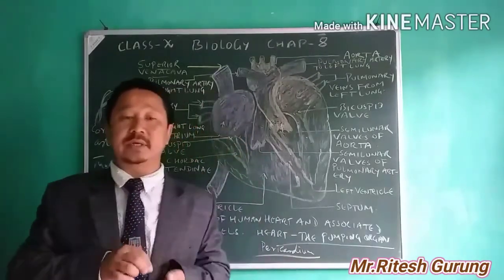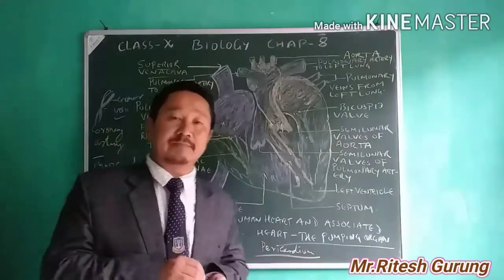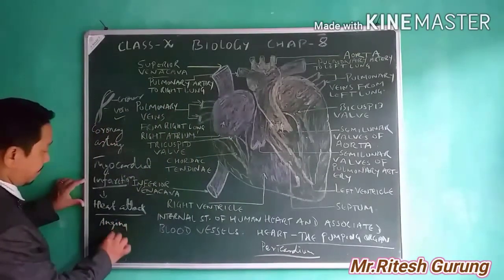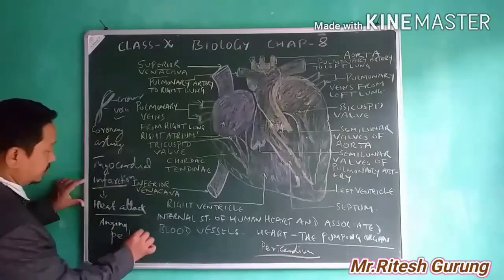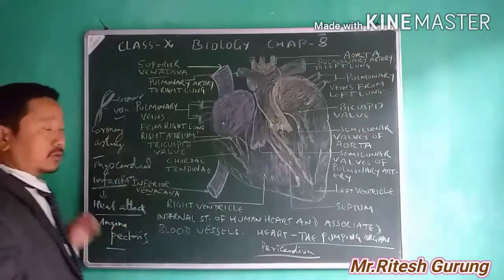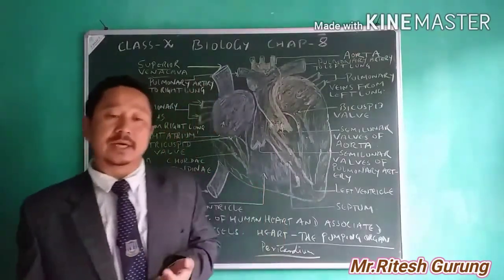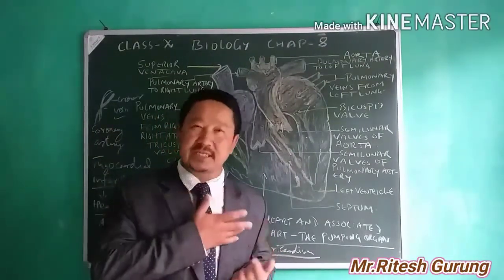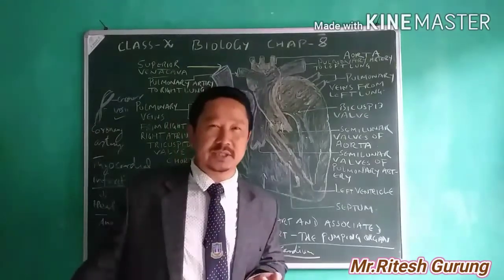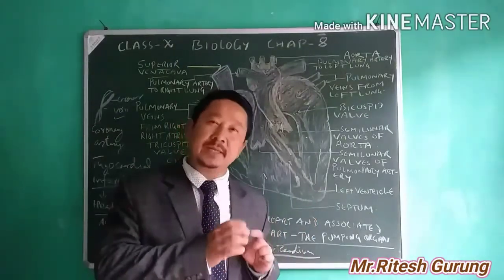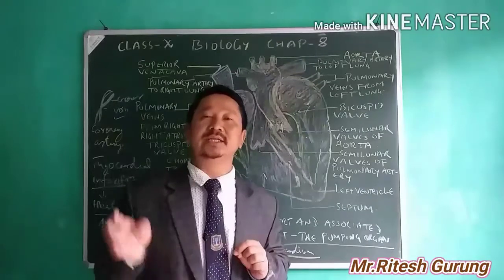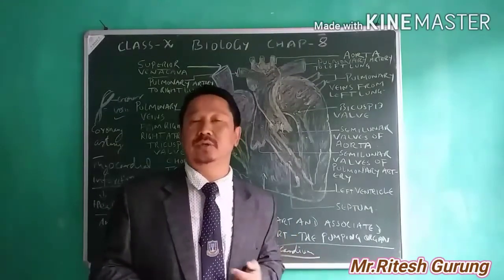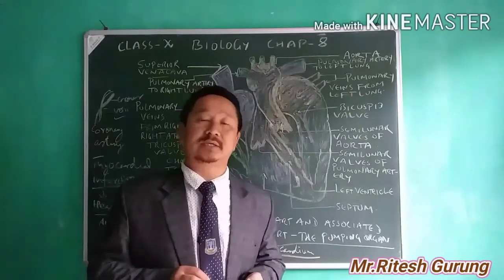Another problem related to this is called angina pectoris, in which there will be chest pain. Angina pectoris is a disease where there is pain in the heart due to insufficient supply of blood to the muscles of the heart.